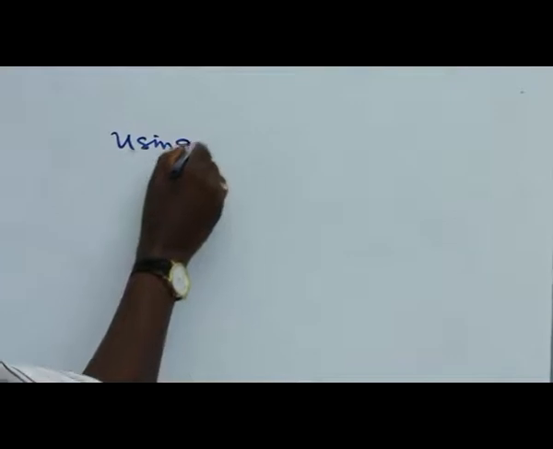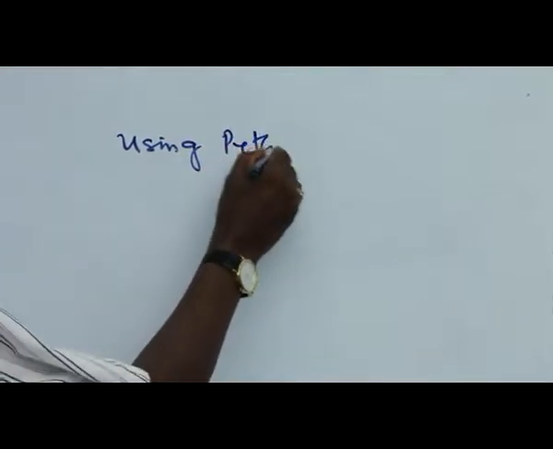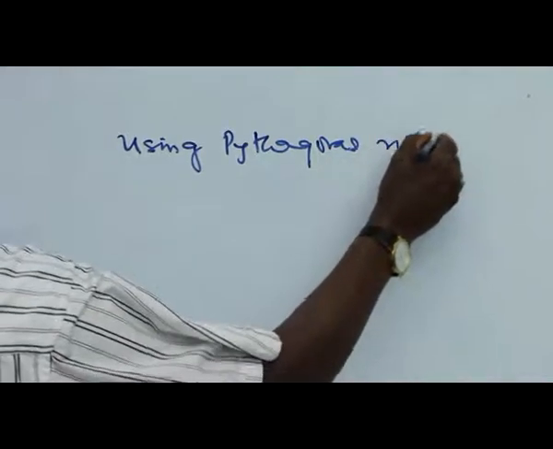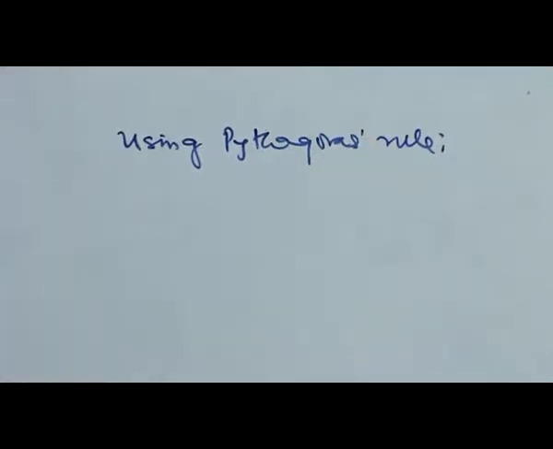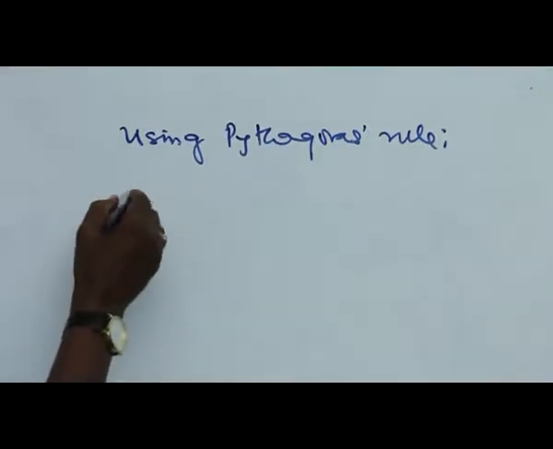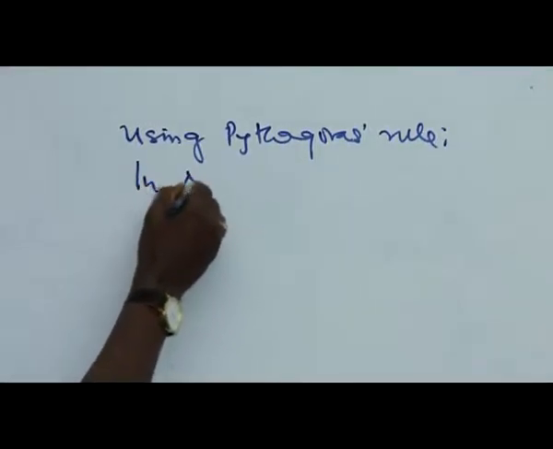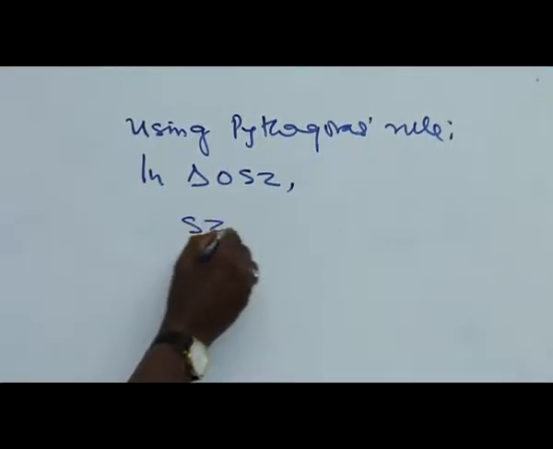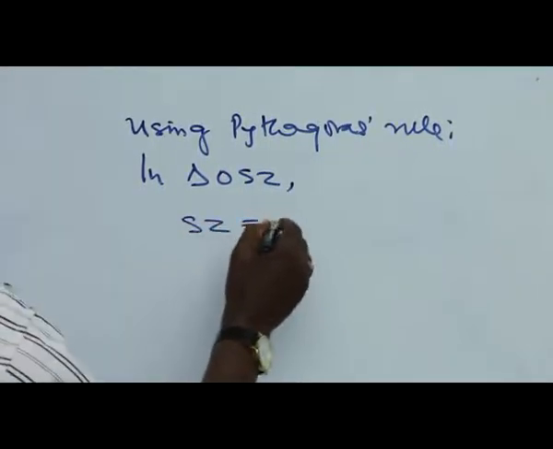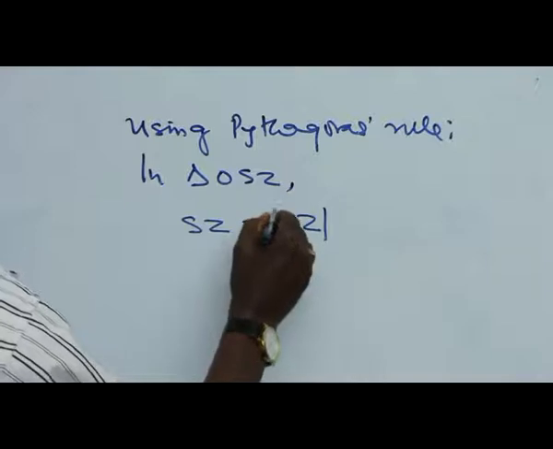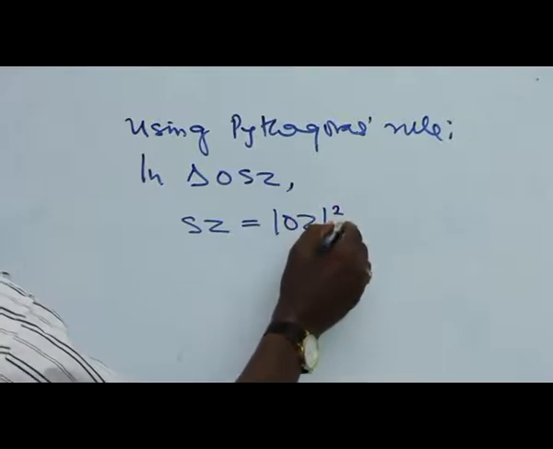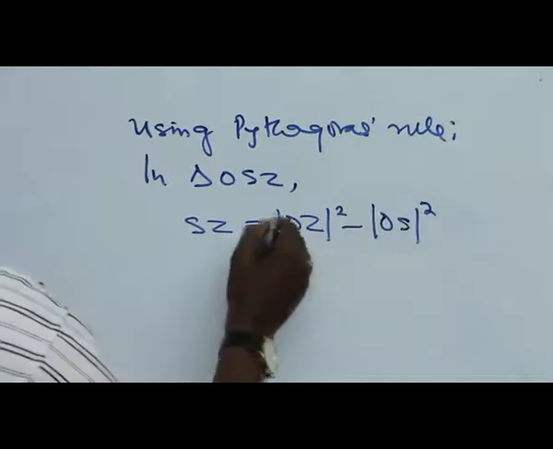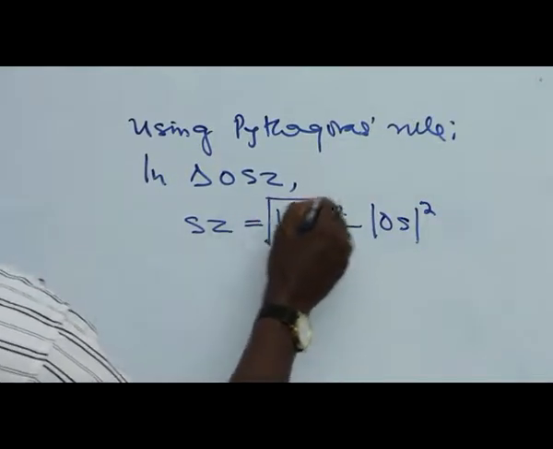Using Pythagoras rule, we have that in triangle OSZ, our SZ will be equal to OZ squared minus OS squared, all under square root.